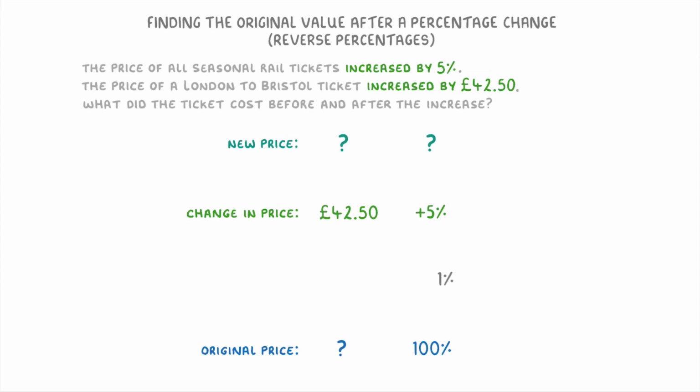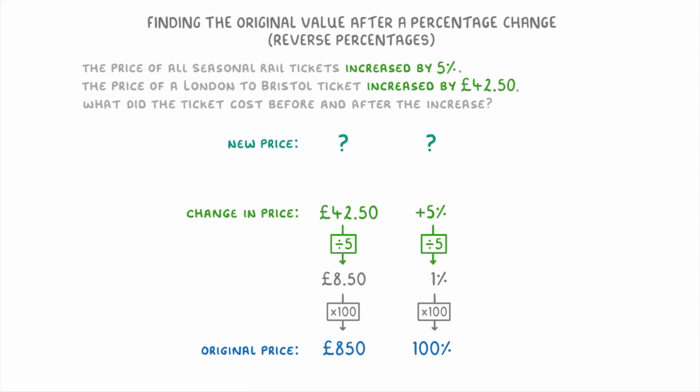So this time, to find 1%, like we've been doing for the other questions, we need to divide the £42.50 by 5. To find that 1% is £8.50. And so now, to work out the original price, we can just multiply the £8.50 by 100 to get £850. So the seasonal ticket cost £850 before the price increase.